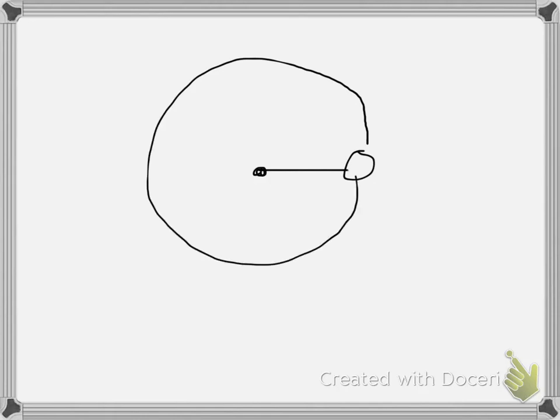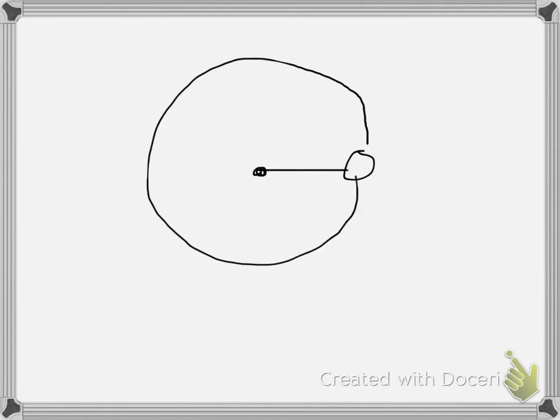Okay, so let's just assume that we have an object, and it can be a tennis ball attached to a rope, say. If you attach a tennis ball to a rope and you swing that rope around, then it's going to trace out a circle.